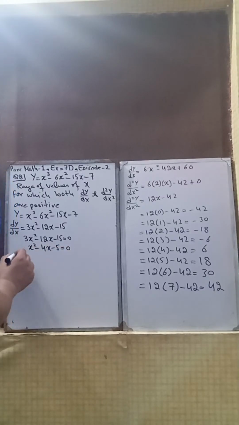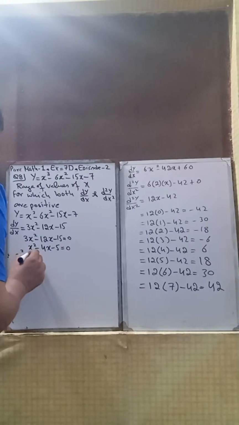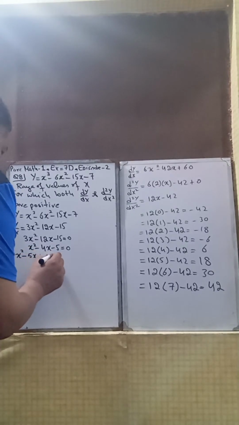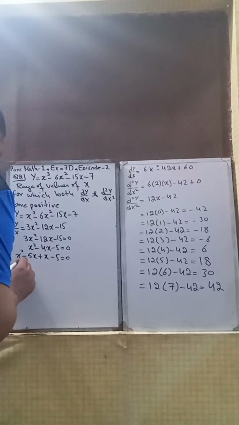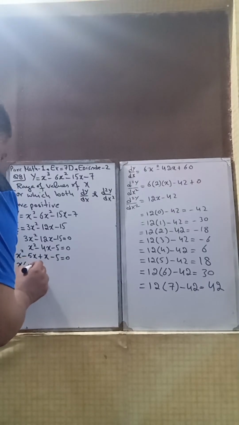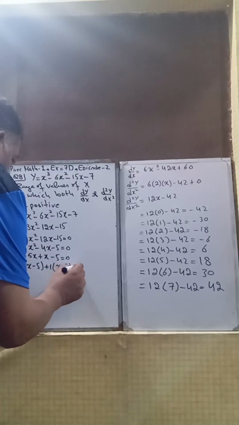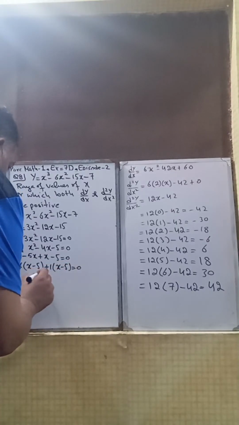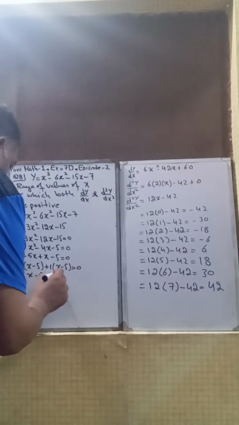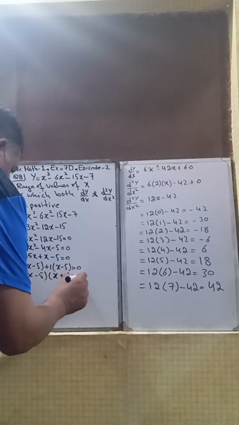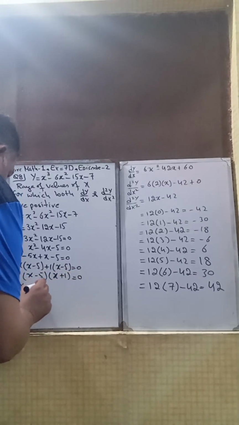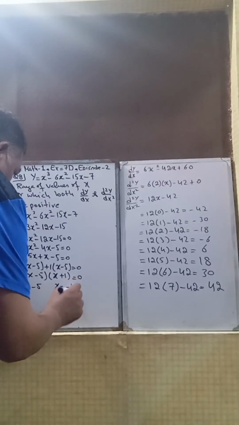Do the middle term breaking: x square minus 5x plus x minus 5 equal to 0. So x into x minus 5 plus 1 into x minus 5 equal to 0. So x minus 5 and x plus 1. So one value of x is 5, the other value of x is minus 1.